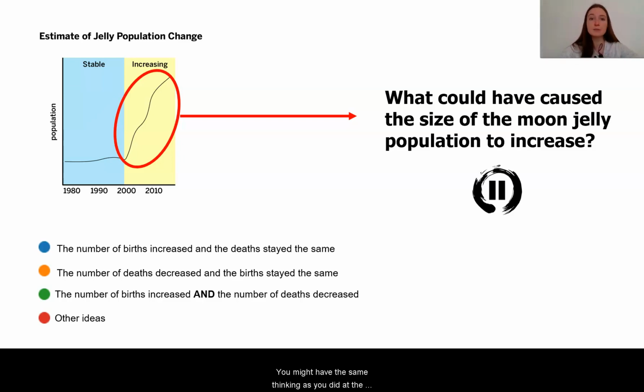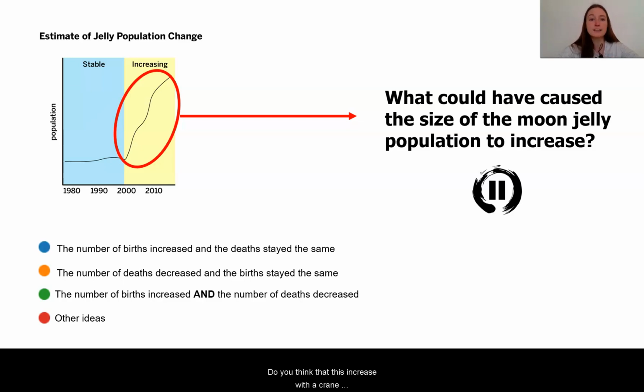You might have the same thinking as you did at the beginning, and that's totally okay, as long as it is backed up by the evidence. You might have changed your thinking, which is totally okay as well. You might have part that's the same and something that you're wanting to add on. Whatever your thinking is, I hope that you are using the evidence to guide that.